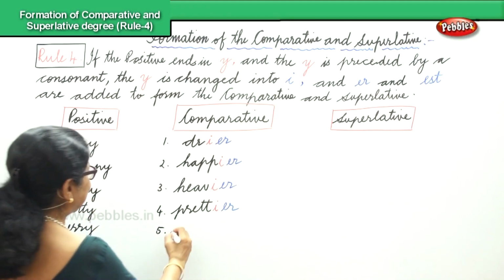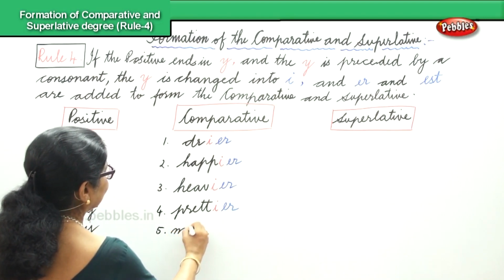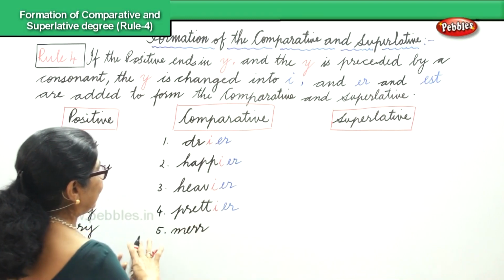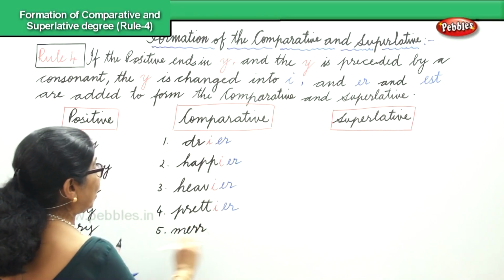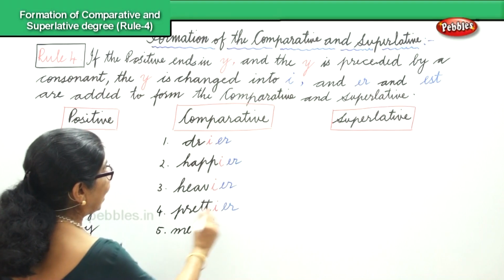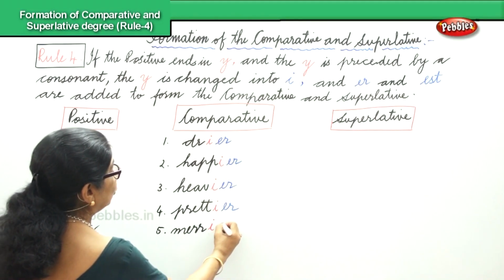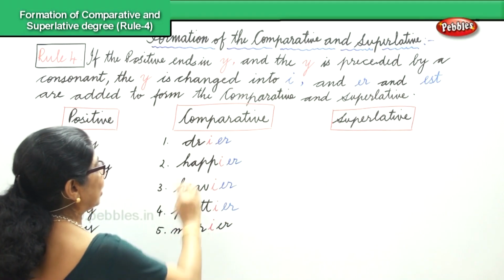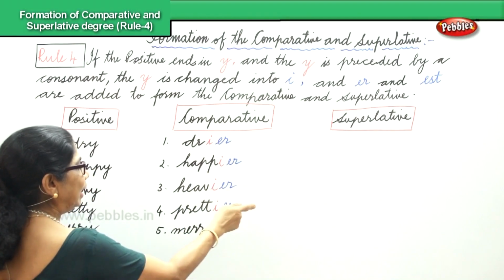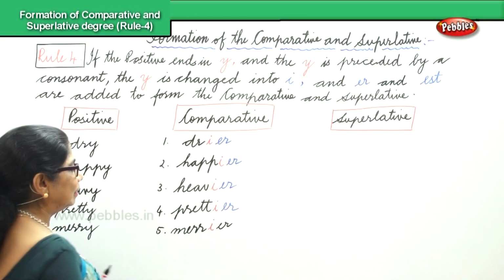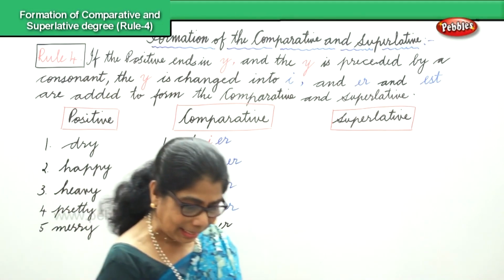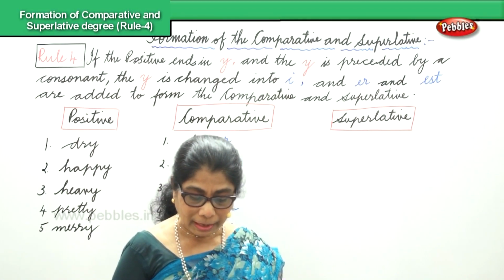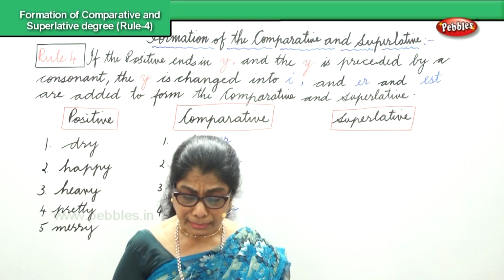And finally, merry. The Y is changed into I, and then you add ER, and you get the comparative: drier, happier, heavier, prettier, and merrier.